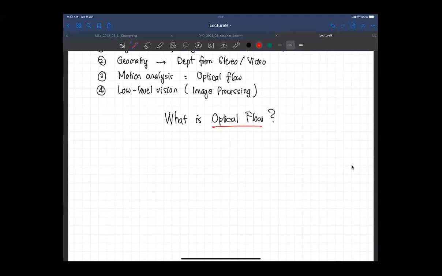And it's very important in computer vision, especially in many applications like self-driving cars. If you have a self-driving car, and you see on the other side there is a car coming toward you, then you want to judge whether the direction of the car is onto you, and how fast this car is moving toward you.